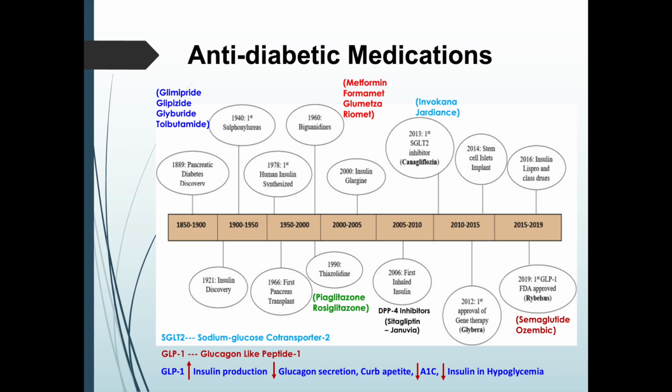So insulin production is increased, and glucagon secretion is inhibited. Glucagon breaks down the stored blood sugar, and that is inhibited, which means insulin is increased and glucagon is decreased.